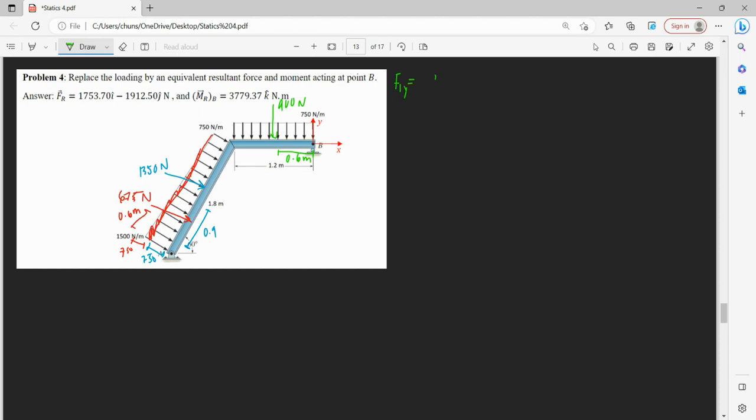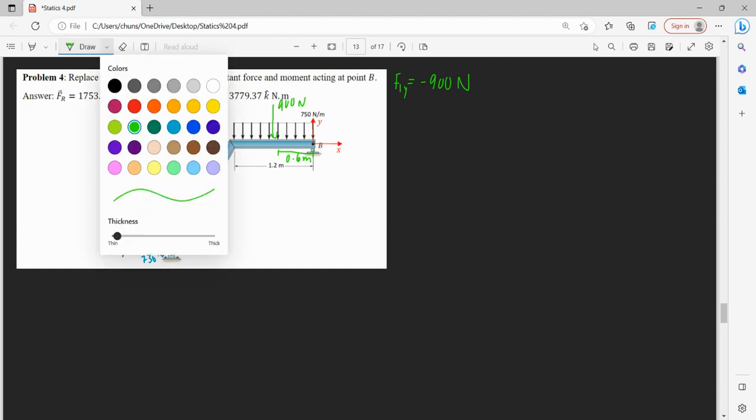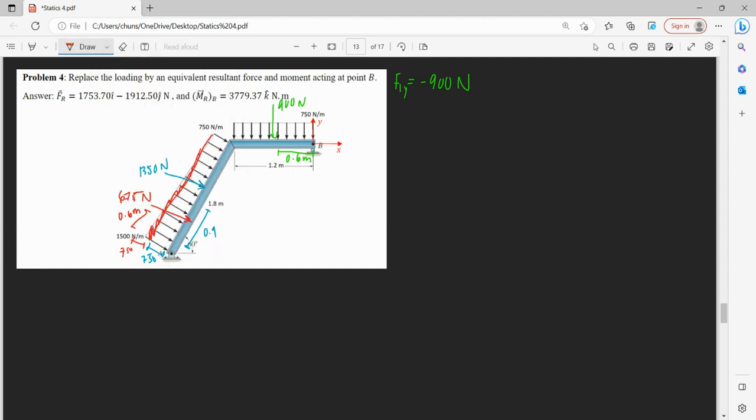This in our y direction, that's just 900 and negative. So then if we were to use, let's call this red one F2. So in our x direction, we have a positive x direction. So that's 675.